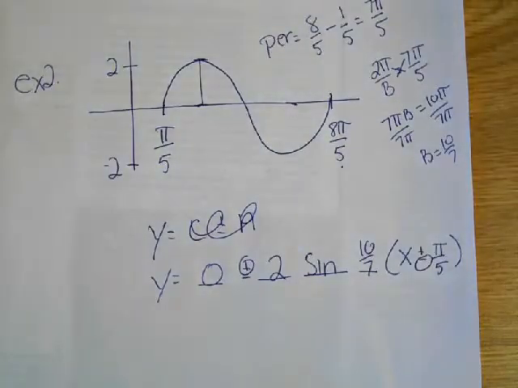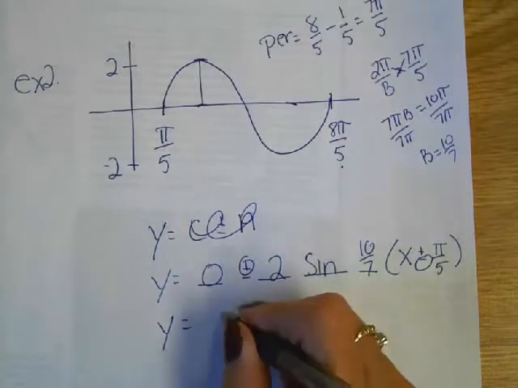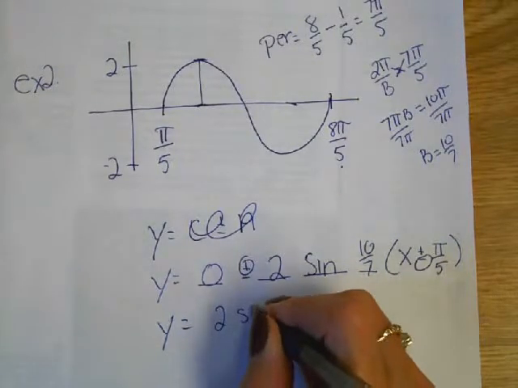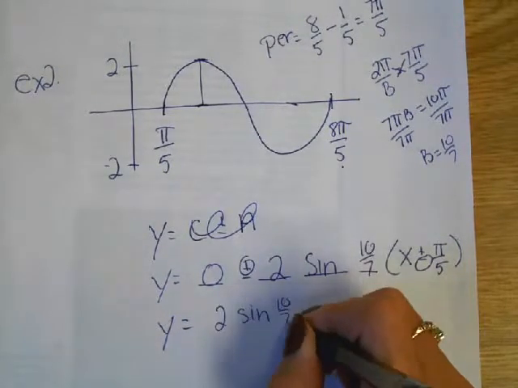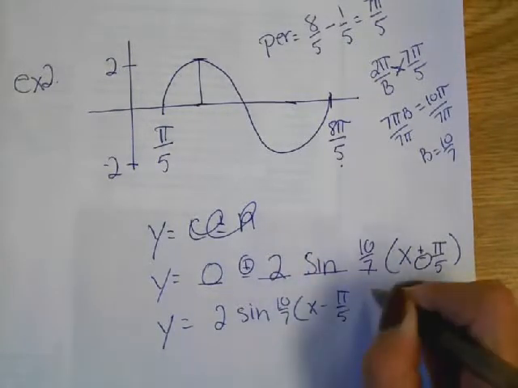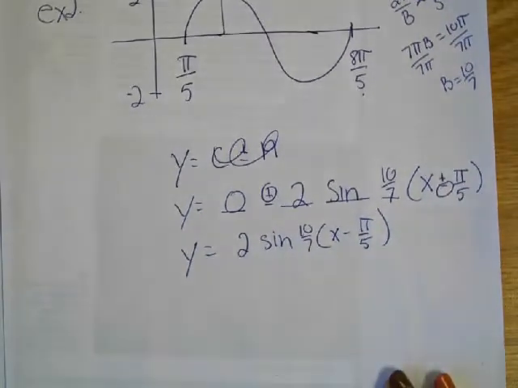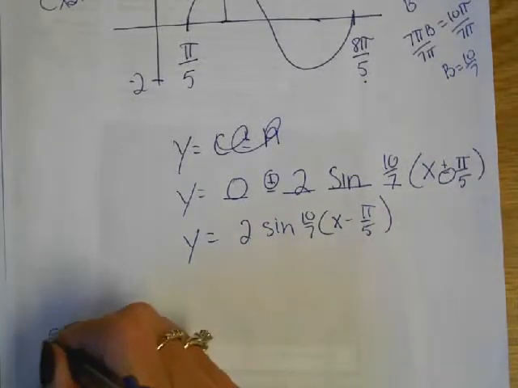Yes, because it's a distance. So y equals 2 sine 10/7 x minus pi over 5. Okay, try one more, and then we'll let you do homework.